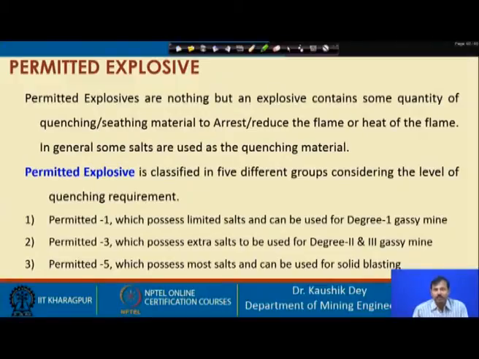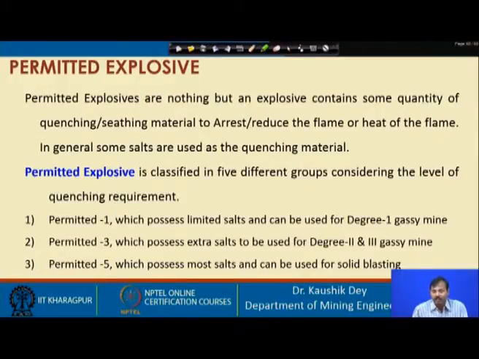Let us discuss something about the gassiness here. Degree 1 gassy mines are those where the release of methane or hydrocarbonous gases is less than 1 meter cube per ton of excavation of the coal.